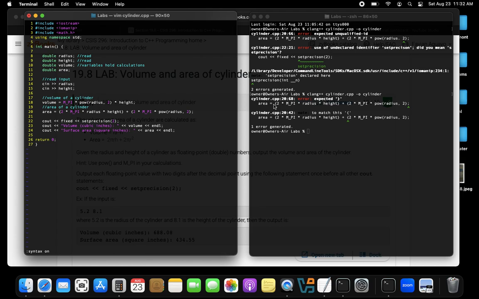What did I do wrong? It says error, expected parenthesis. Oh, I'm missing a parenthesis. And then here, oh yeah, a closing parenthesis on both. Okay, because you need parentheses for your power function, but I also need a closing one here. Where else?